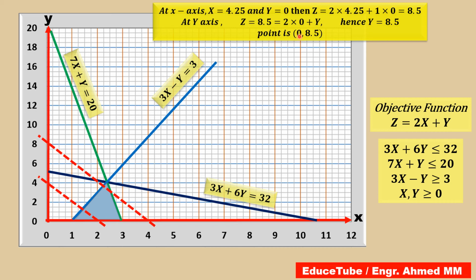So we got the point on the y-axis, 0, 8.5, and the x-axis point is 4.25, 0. So we can draw a new line. Look at this black color line. This is our targeted line. For this line we push this line. Once we reach here, if we push more, it will cross the feasible region.